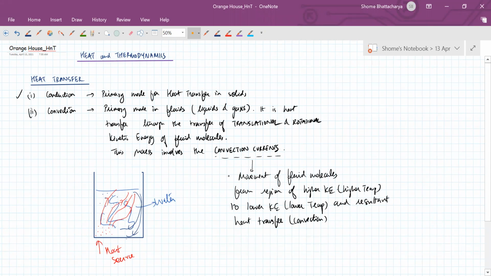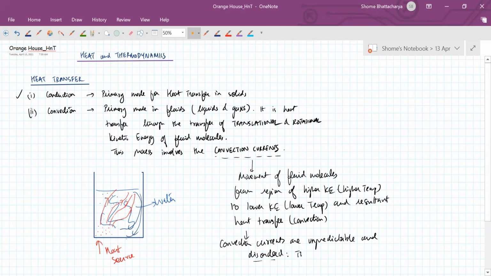Okay. So this movement of fluid molecules or convection currents, okay, convection currents are highly unpredictable and also disordered. Okay.